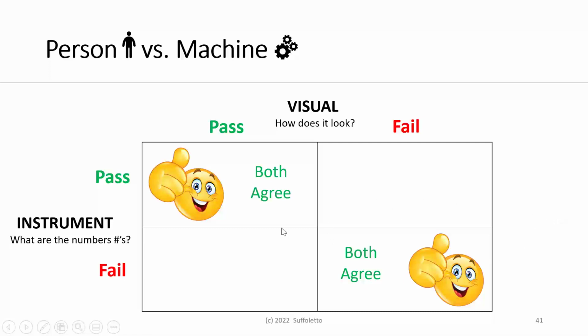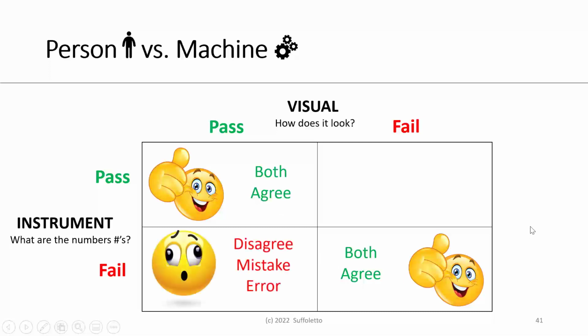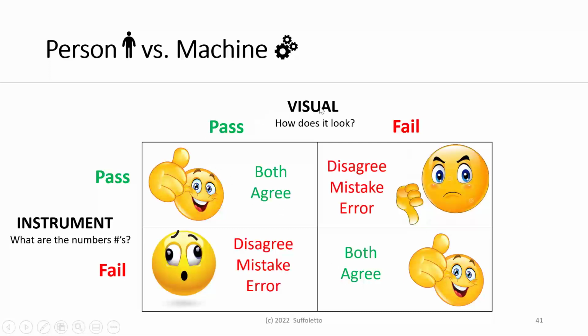So there are 4 possibilities here. 2 of them are in agreement. 2 of them are in disagreement. If you visually pass, but you fail with the instrument, you just made a mistake, an error, there's disagreement. If you visually fail, but you pass with the instrument, again, you made a mistake, there's an error, there's disagreement.